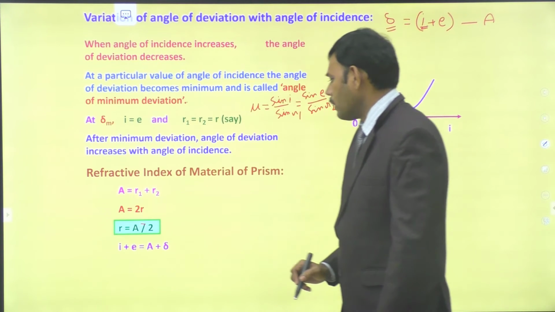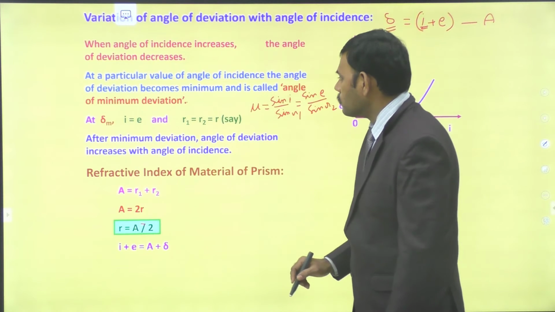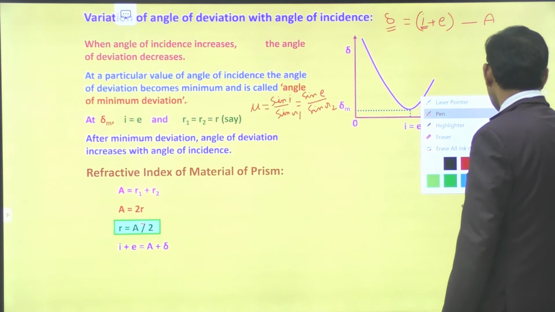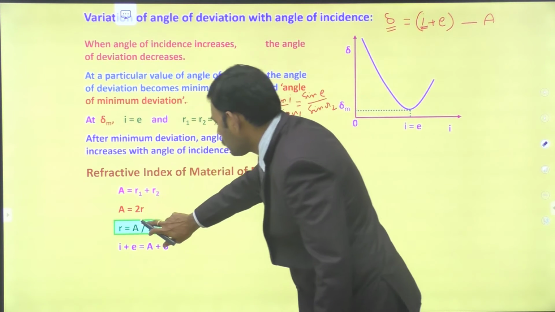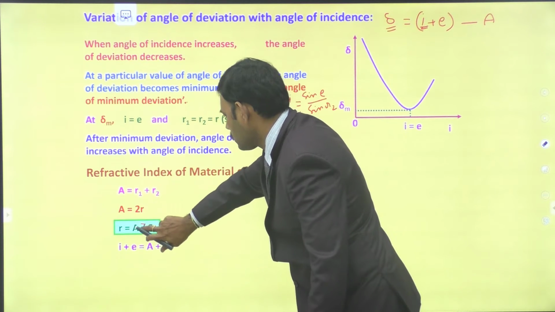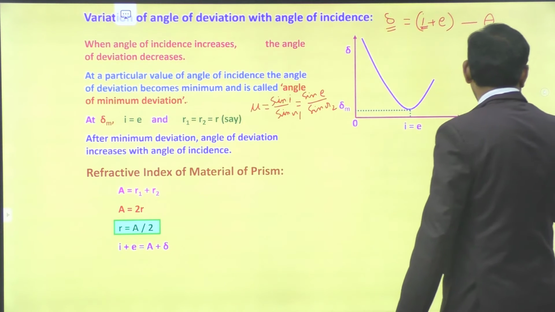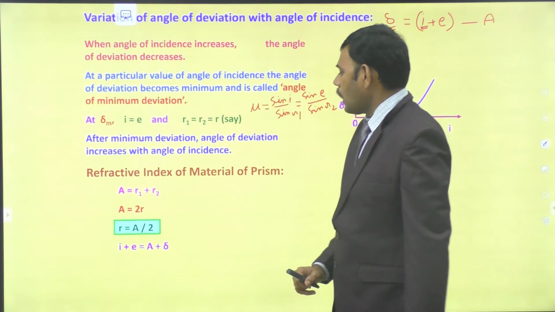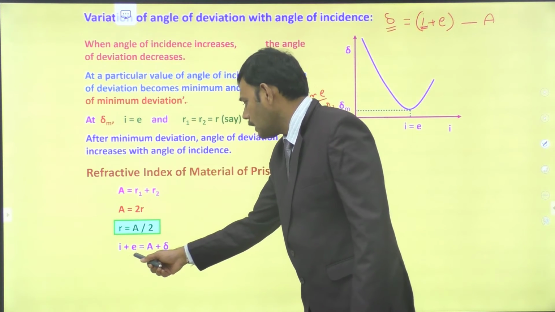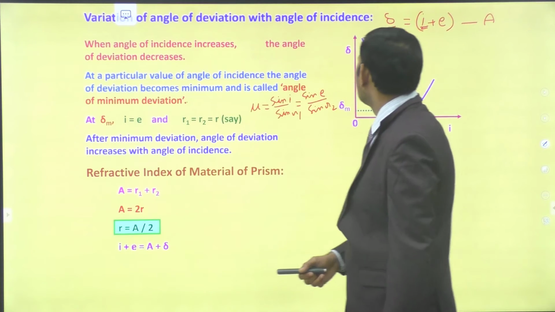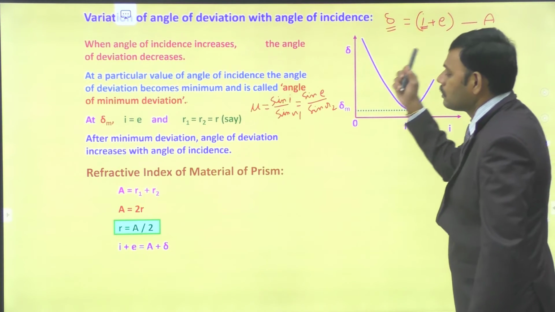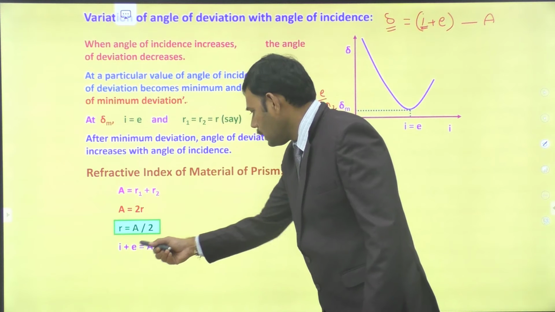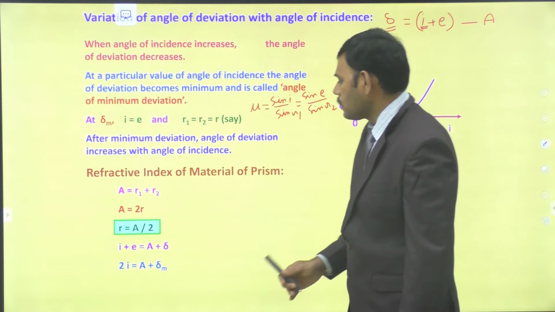And second one, I plus E, for minimum deviation. So for minimum deviation, we get R is equal to A by 2, and we also know that I plus E is equal to A plus delta. Already we wrote this formula. So I is equal to E at delta m, substitute that relation.